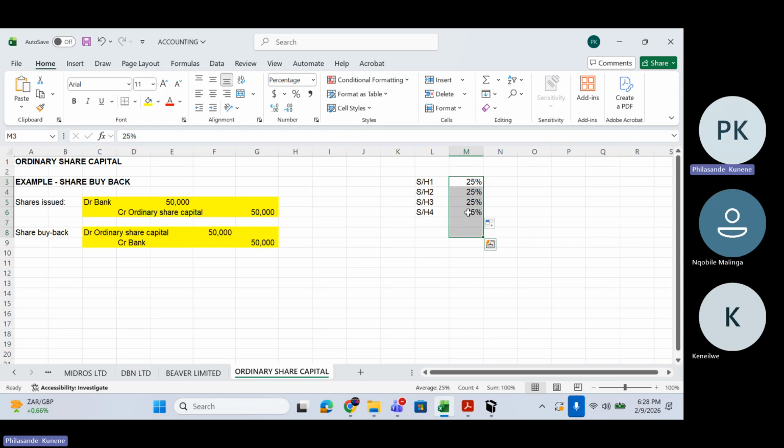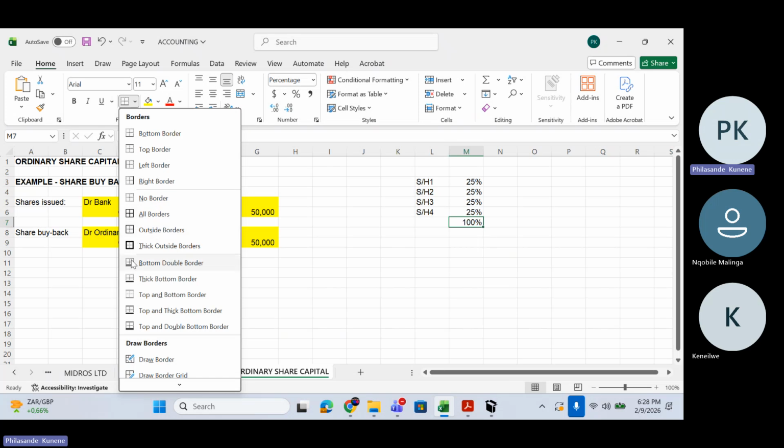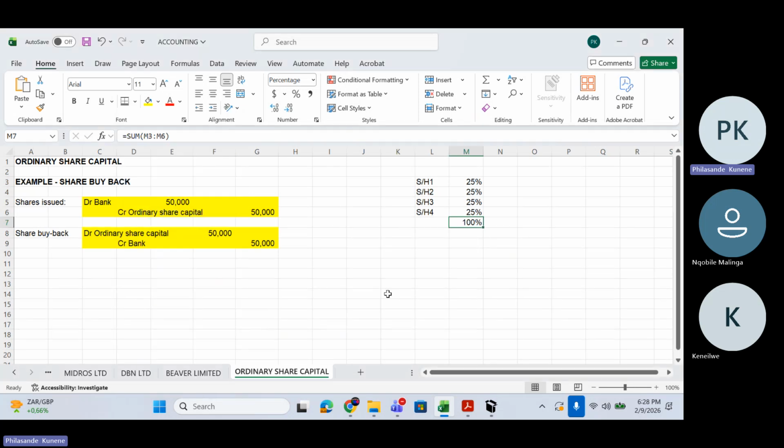This is 100% in total. But now, if we issue more shares, which means we're adding 1 more shareholder, there will be 5 shareholders, and they will now each have to hold 20%.